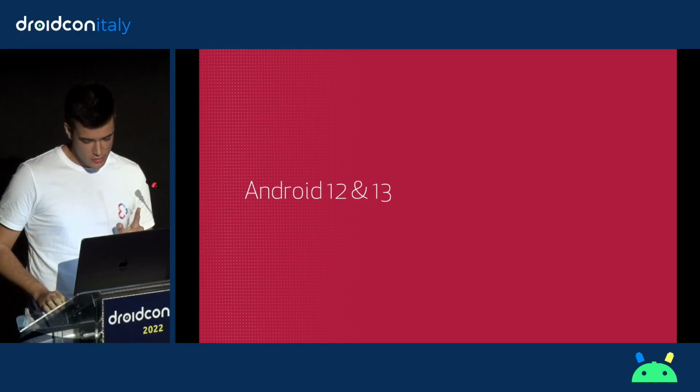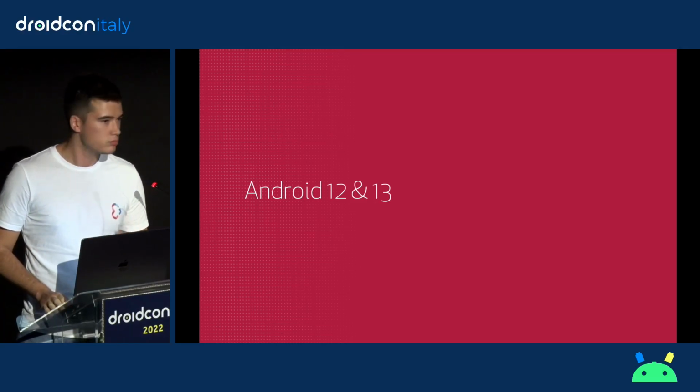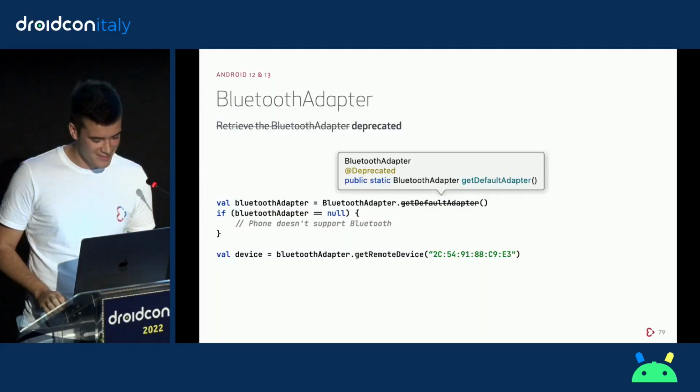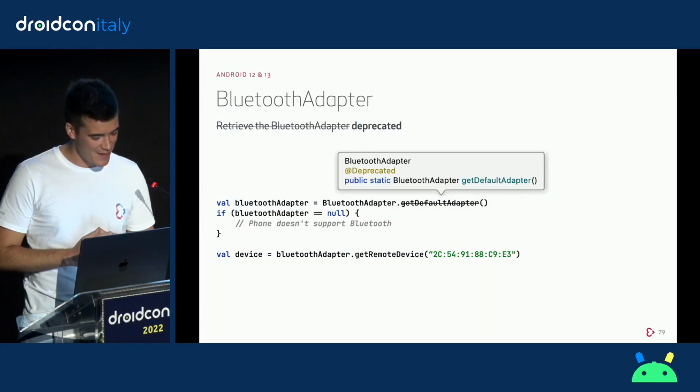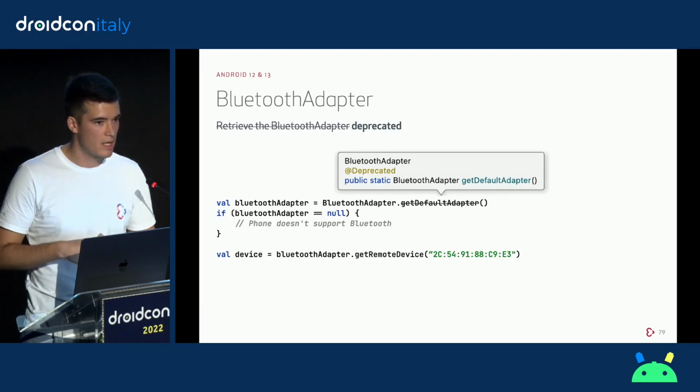So first, let's go with some deprecation they did. Basically, if you worked with Bluetooth, you are used to the BluetoothAdapter getDefaultAdapter method, and forget this because it got deprecated.